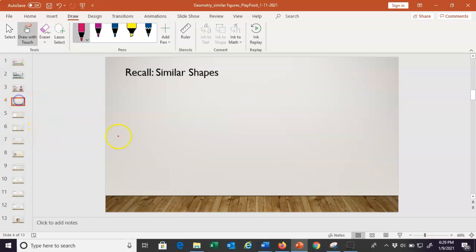So remember, last live class we were talking about similar shapes. Similar shapes are shapes that are the same shape, but different sizes. We talked about that definition last class.